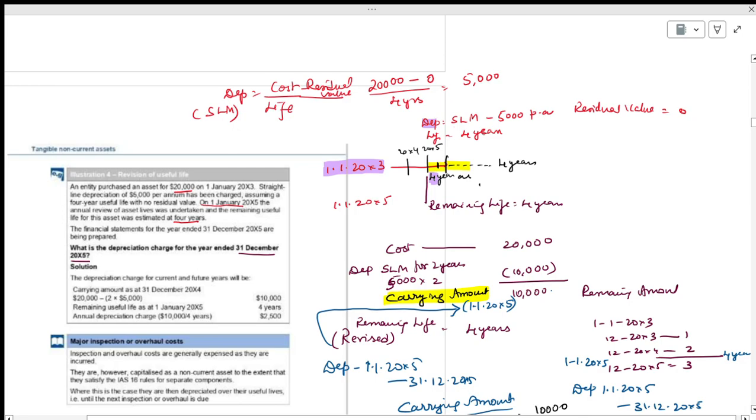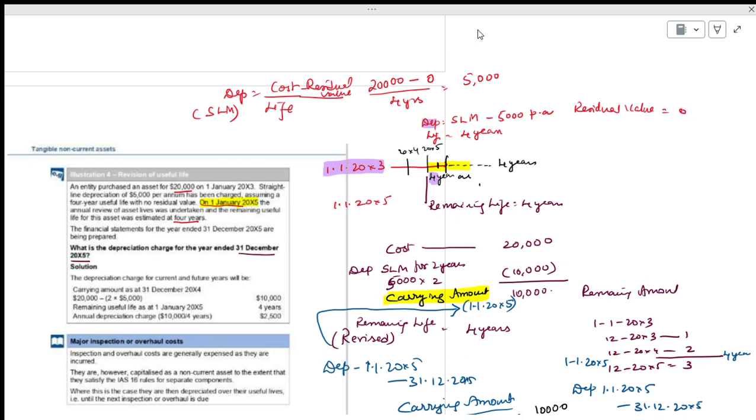But what happens after 2 years? After 2 years, on 1st January 2005, they said that we are going to revise the life. Again, the life will not be 4 years. The life will be how much from this date?